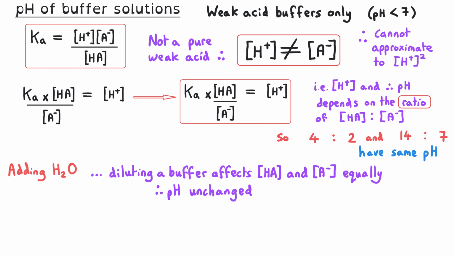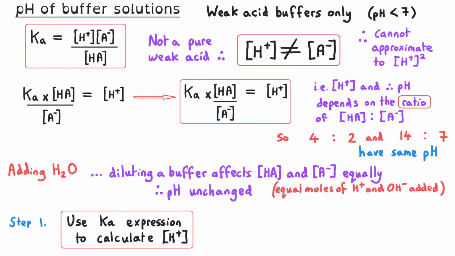From the point of view of the equilibrium for the buffer, we could also say that adding water will give us some extra hydrogen ions and hydroxide ions in equal proportions, and so the equilibria will shift an equal amount in both directions. And so, if we're calculating the pH of our buffer, step 1 will always be to use the Ka expression to calculate the hydrogen ion concentration.